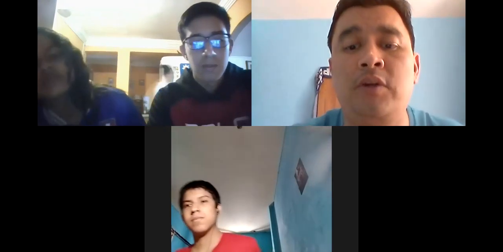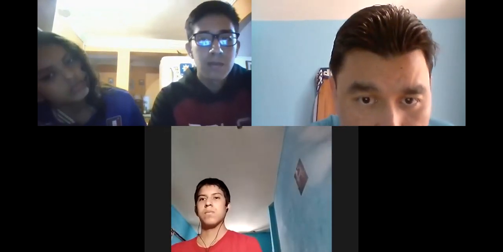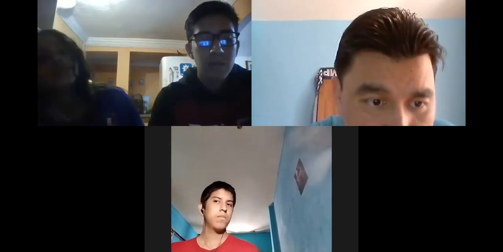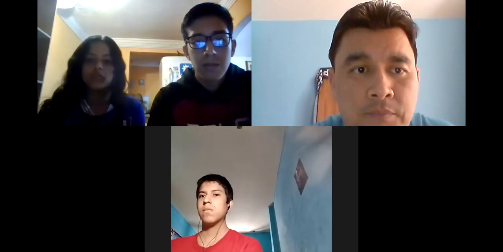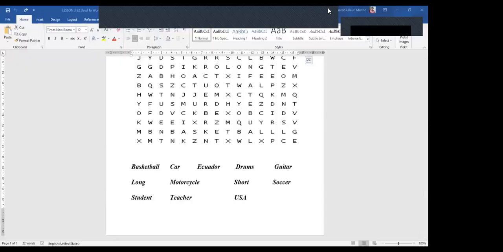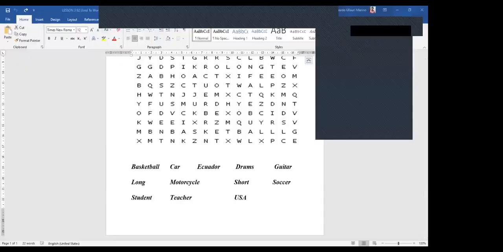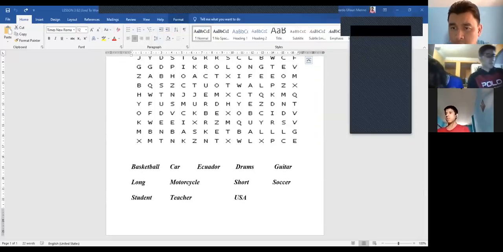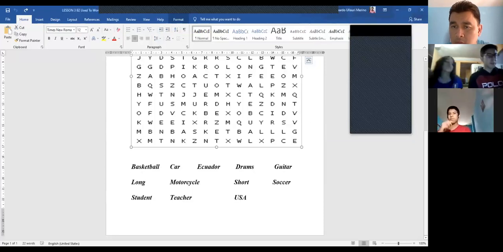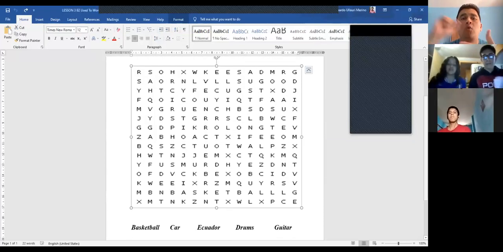Okay, I have another exercise so we can reinforce the learning. This is a puzzle. I believe you received the puzzle. Everybody, sí recibieron the puzzle, right? Okay, good. So work on the puzzle and let me know when you have finished.